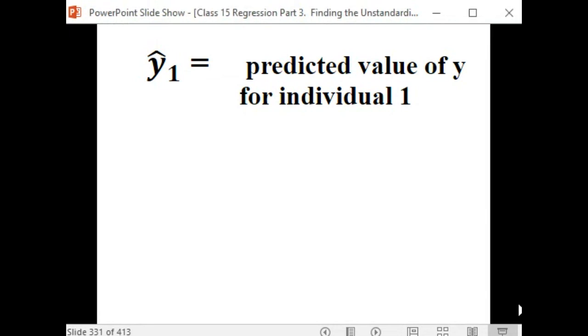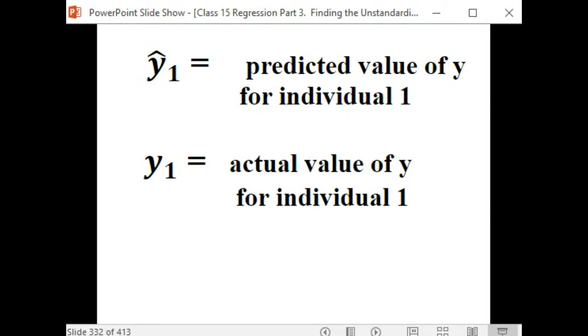Now next is the symbol for the actual value of y for individual 1. And this is the actual value of y for this individual. When I say actual value, this means the score that the person really got on y, not just some prediction about it. The little subscript 1 indicates that this is the actual value of y for the first individual in the data set.